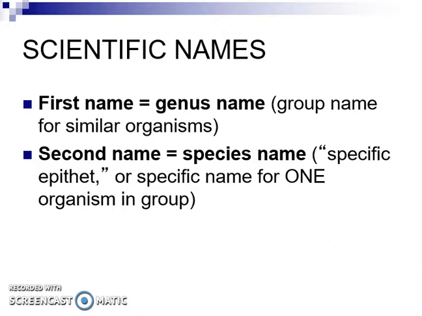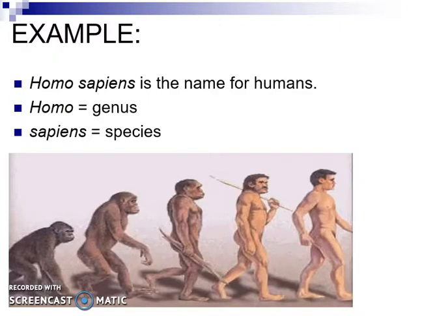But it starts off with kingdom, then it goes phylum, class, order, family, genus, and then species. So the last two categories are the most specific. So for humans, we're Homo sapiens, and if you look at the actual way that it's broken down, Homo is our genus and sapiens is our species.